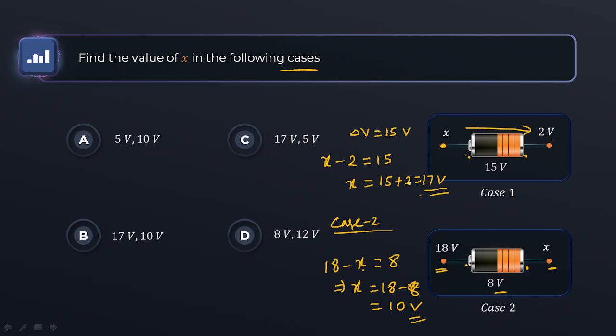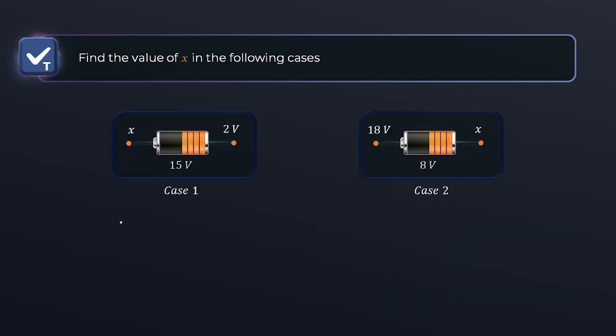Yes or no? Simple. So the answer is 17 volt and 10 volt, that is B, right? So it is a simple question: higher potential minus lower potential will be the potential difference across the terminals of the battery, right?